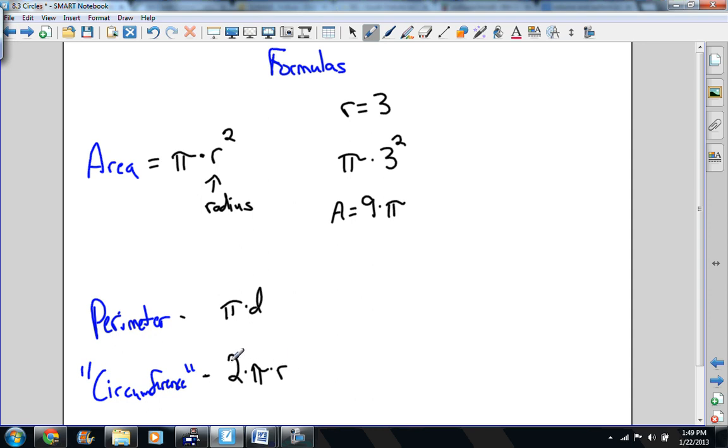Now we know that taking the radius times 2 is the same as the diameter, so these are the same thing. So let's say if the diameter of a circle is 6, that means the radius is 3. So it's either going to be 6 times pi, or it's going to be 2 times pi times 3, which is the same thing as 6 times pi.